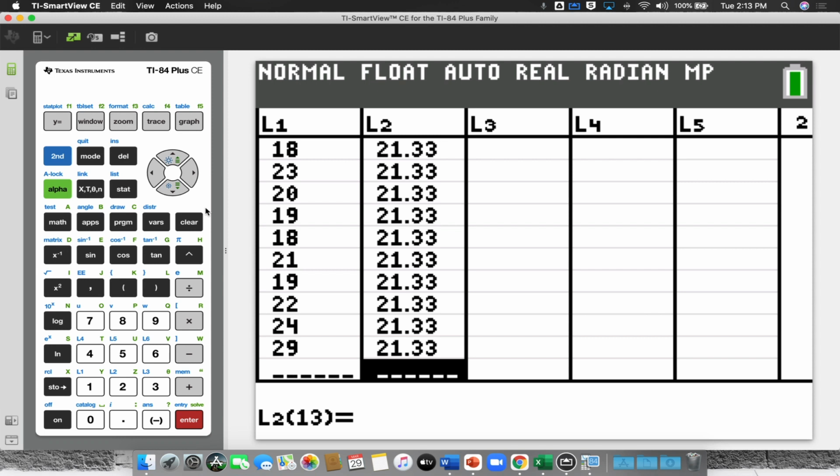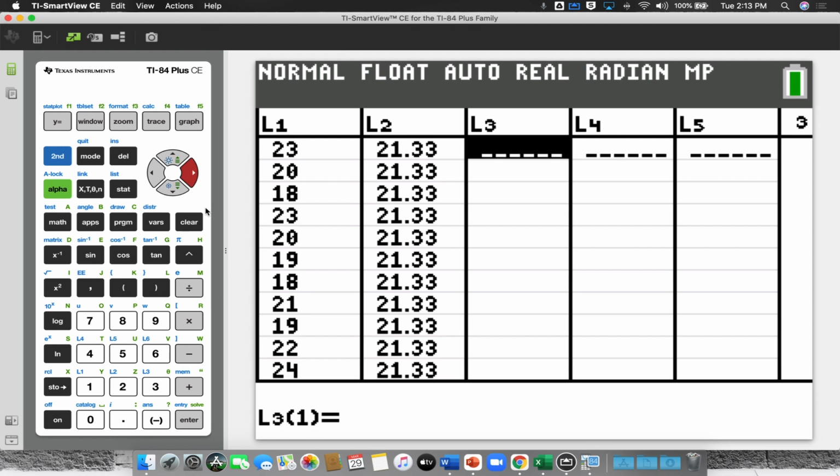Okay. So we're going to create a new list. We're going to create a third list. When you want to create a new list, you go to the top, highlight the list, hit enter, and then you should have a blinking cursor at the bottom. So how do we calculate chi-square?